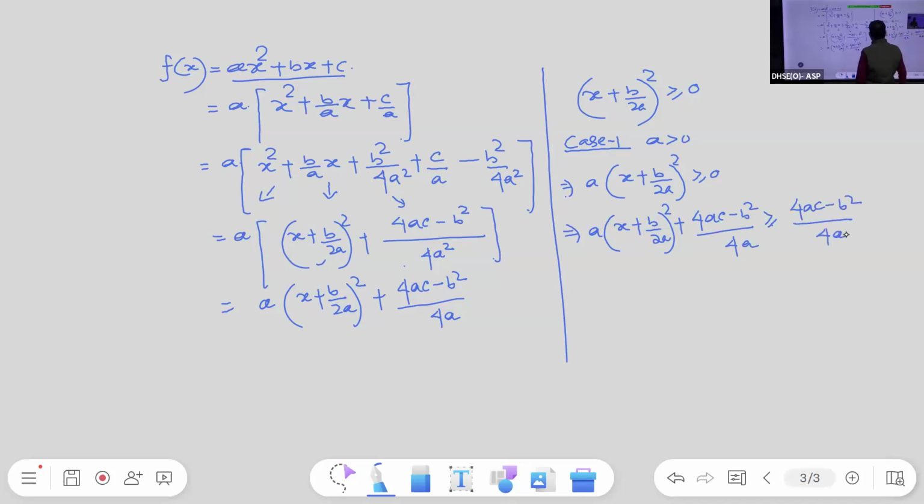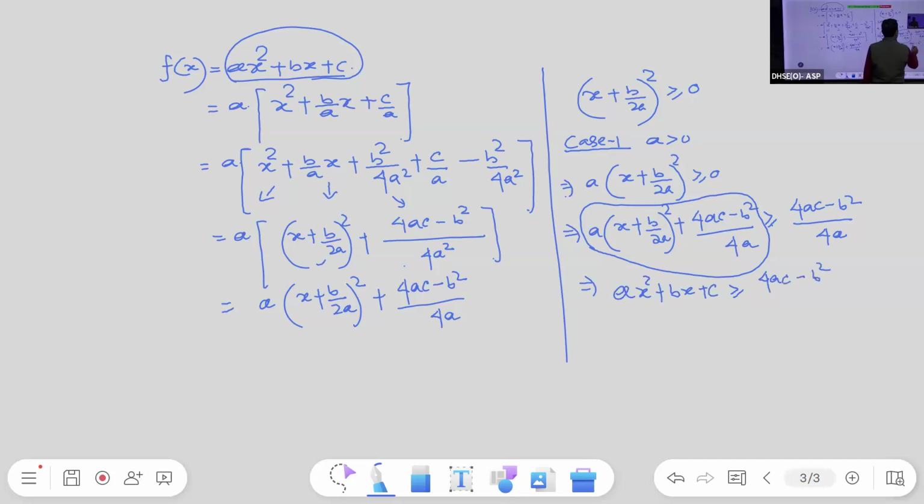Right? This expression is the simplified version of the expression ax² + bx + c. So in place of this expression, we can write ax² + bx + c. So ax² + bx + c is greater than or equal to (4ac − b²)/4a.